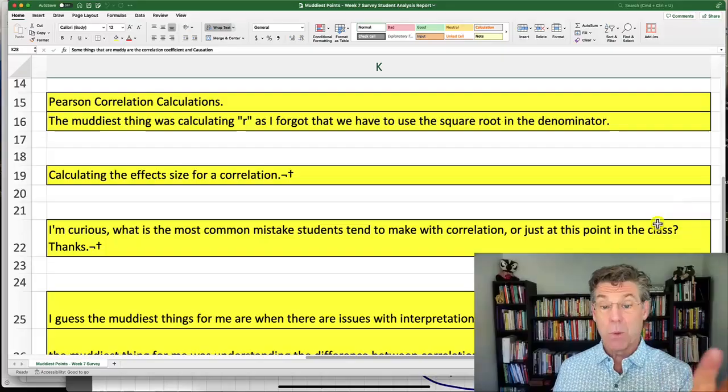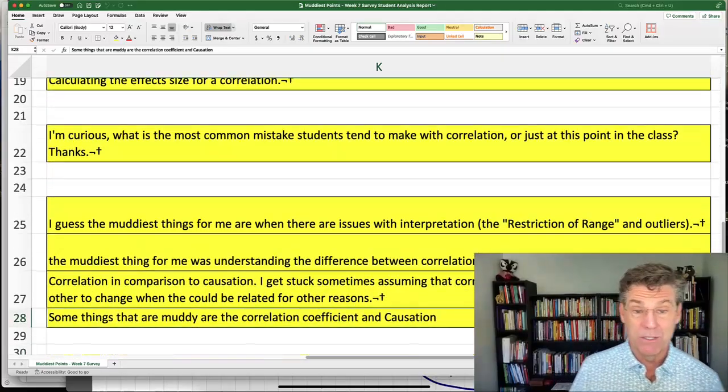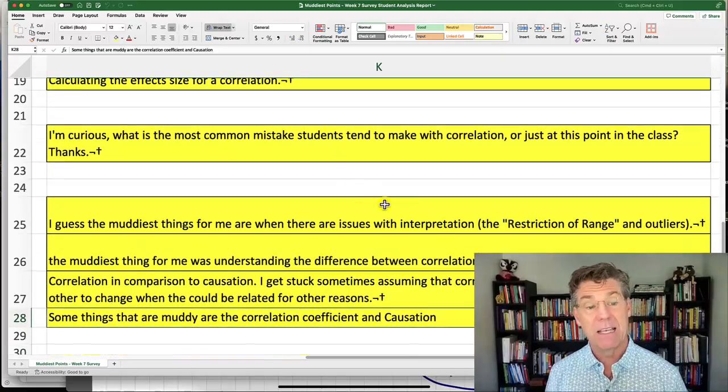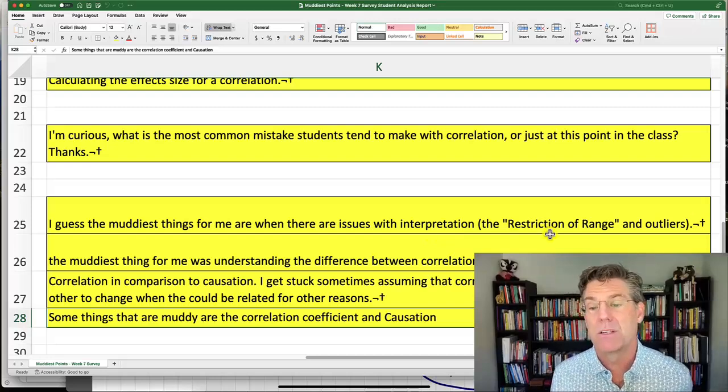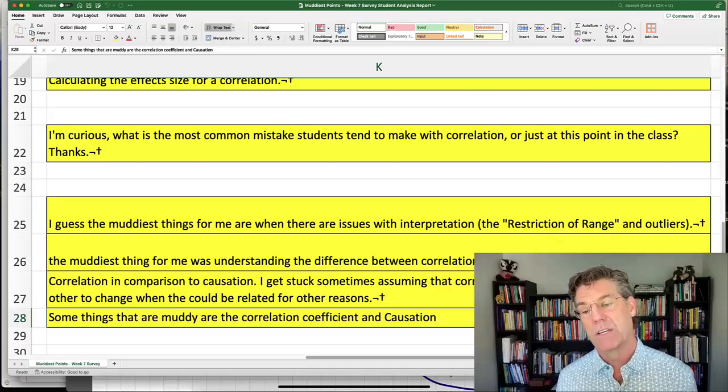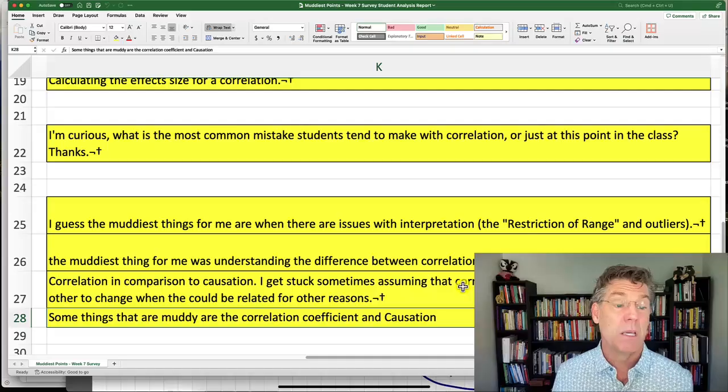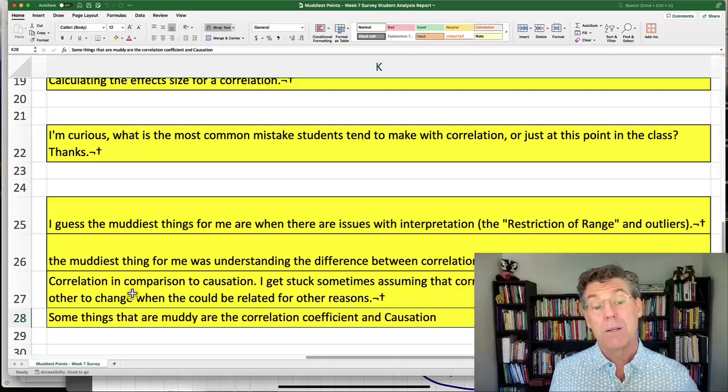That brings me to many of these other questions, which I think are the common mistakes: the muddiest things for me are when there are issues with interpretation, restriction of range and outliers. Next one, the muddiest thing for me was understanding the difference between correlation and causation. It keeps confusing me. I get stuck sometimes assuming that correlation means one variable is causing the other to change, when they could be related for other reasons. And some things that are muddy are the correlation coefficient and causation.